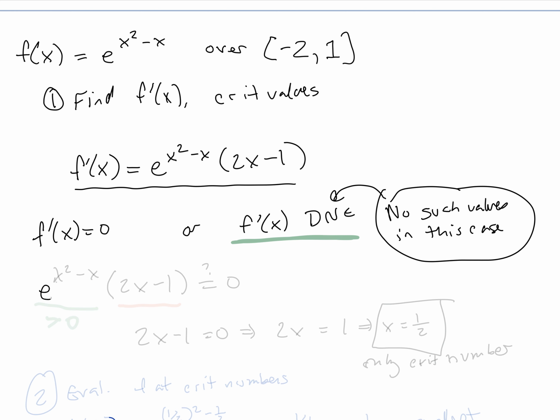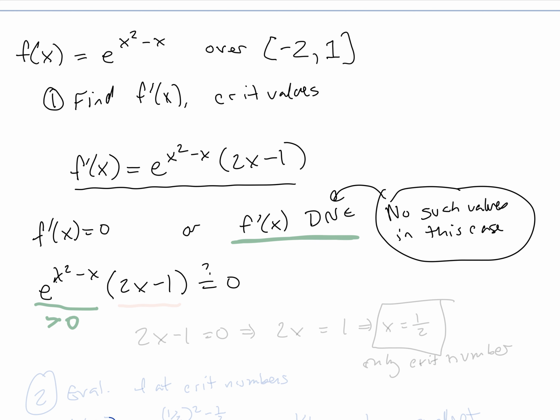What about when the derivative is equal to 0? So when is it true that e to the x squared minus x times 2x minus 1 equals 0? Well, first of all, this part is always greater than 0. E to the something is always greater than 0. If you look at the graph of e to the x, it will always be a positive value.